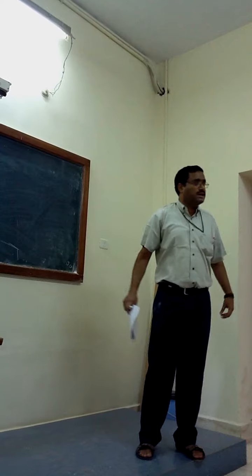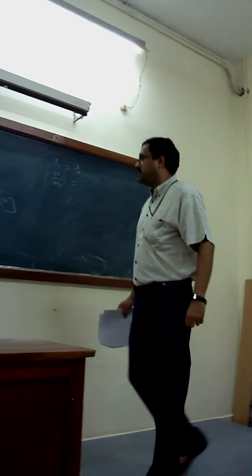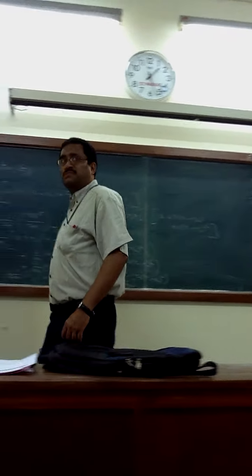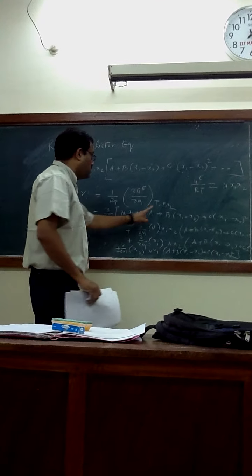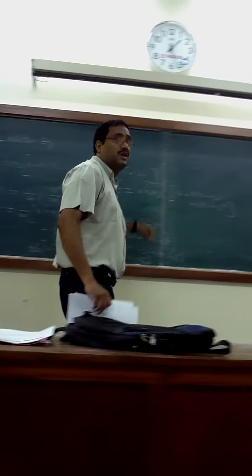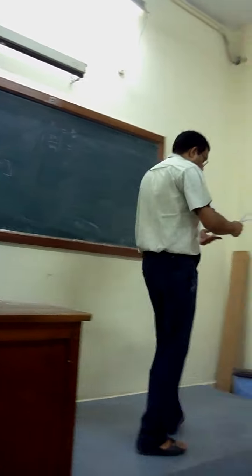Sir, we are differentiating u by v. There is no constant here. The constant is only n2. Here the constants are T, P and n2. n1 is not constant for this calculation. What is dou x1 by dou n1?